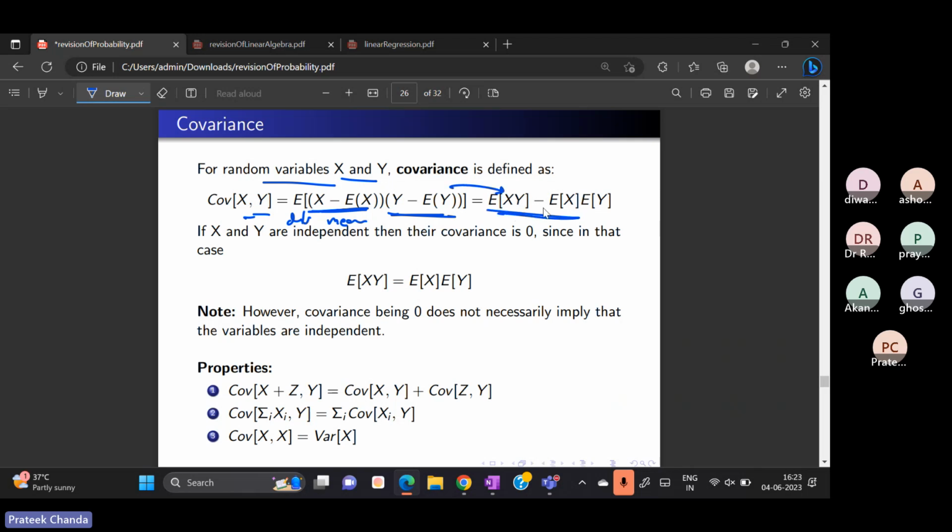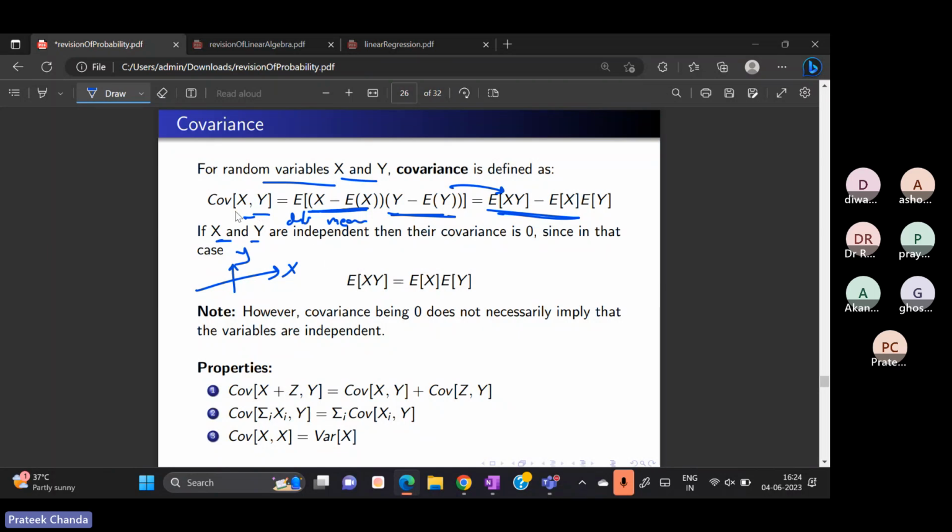You can simplify it further. And so if my two random variables x and y are independent, that means the covariance is actually zero. It's quite intuitive because x and y shouldn't vary together. Varying x doesn't affect my varying in y.